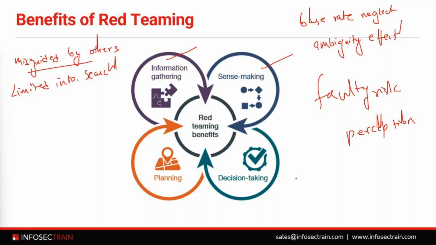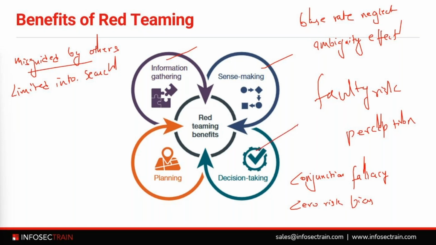Then there can be conjunction fallacy. Conjunction fallacy means a tendency to assess that a more specific situation is more likely to happen than a more general situation. Then, zero risk bias: a preference for completely eliminating a small risk rather than partially mitigating a larger risk.